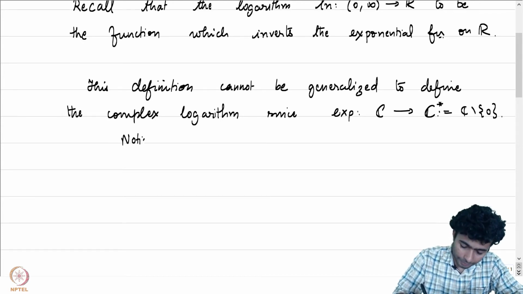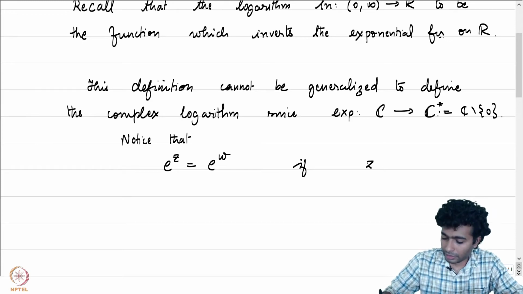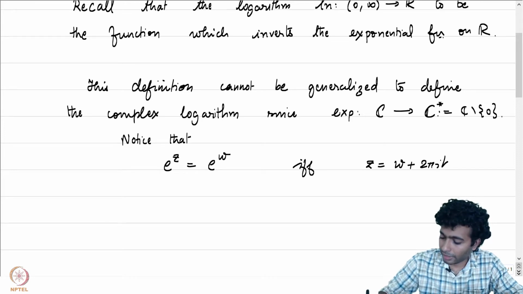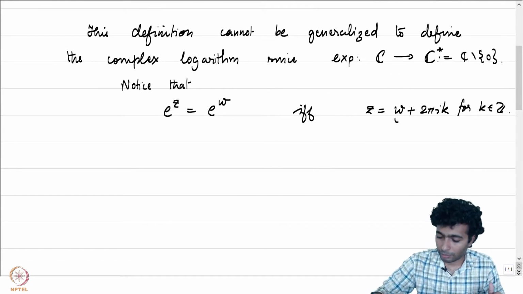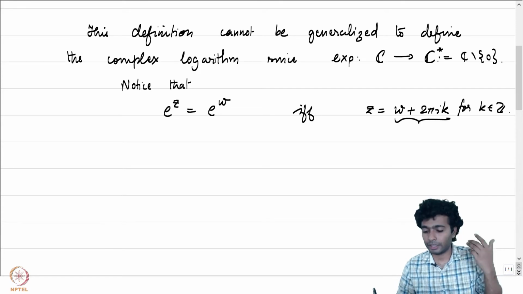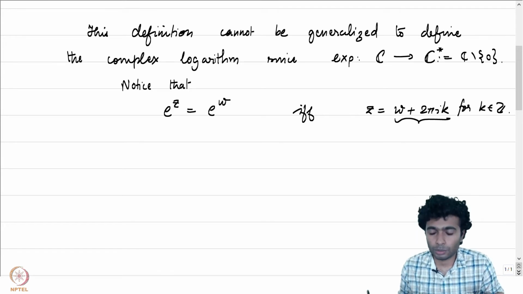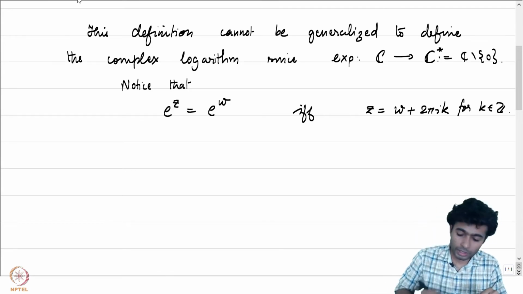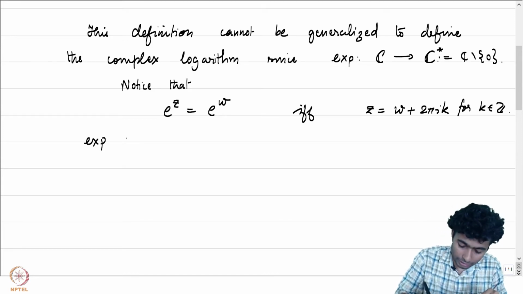Notice that e to the power z is the same as e to the power w if and only if z is equal to w plus 2 pi i k for k in integers. For all the elements of the type w plus 2 pi i k, e to the power w plus 2 pi i k is just going to be equal to e to the power w. So we certainly do not have injectivity in the complex plane. exp is not injective.